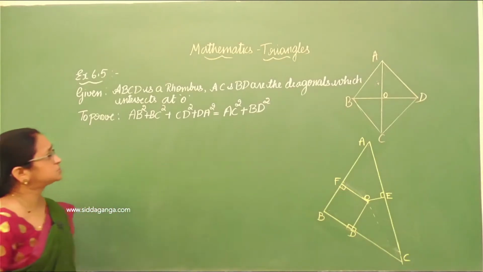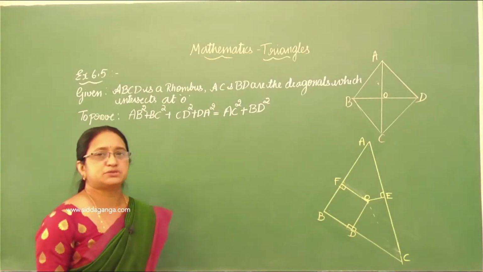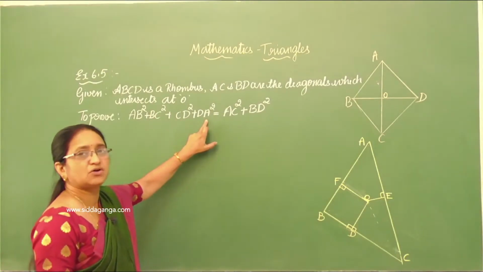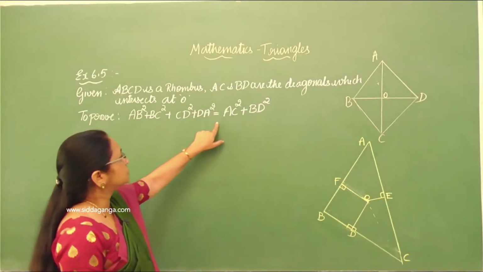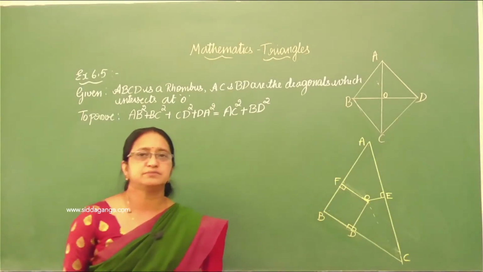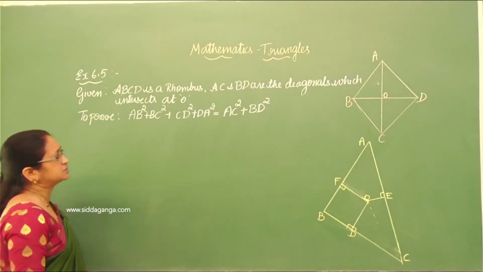I hope you understood the meaning of the question. You have to prove that the sum of the squares of the sides of the rhombus is equal to the sum of the squares of its diagonals. Clear? Now let us proceed.